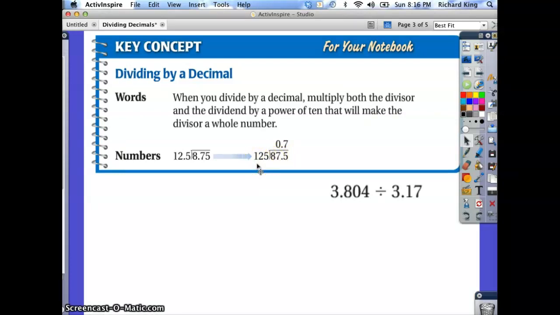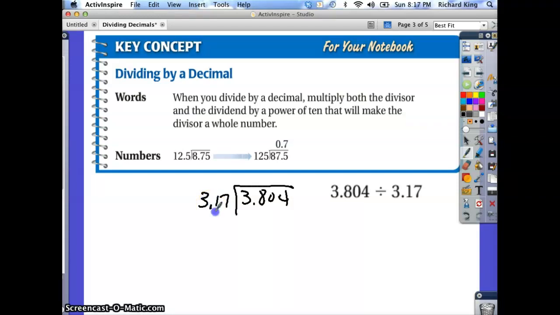We'll do an example here of 3 and 804 thousandths divided by 3 and 17 hundredths. Whenever a division problem is written in this form, you know that your first number is always going to be your dividend, and your second number is your divisor. So 3.804 divided by 3.17. Again, your divisor must be a whole number in order to be able to divide.